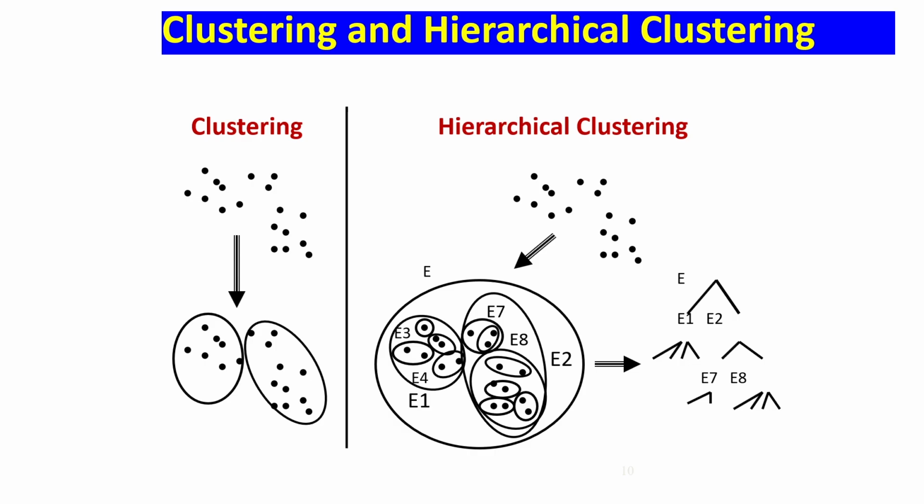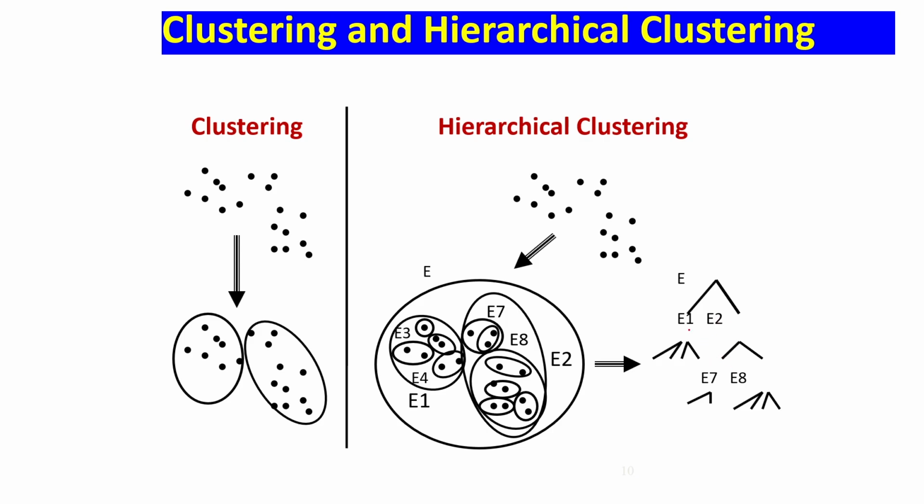Now, I told you the difference between clustering and hierarchical clustering, very simple. In clustering, we are simply making self similar groups based on the distance between the points, and we can calculate the distance with different metrics. In hierarchical clustering, in addition to that, we have to find out connectivity links. That is why you see there are two clusters like E1 and E2.